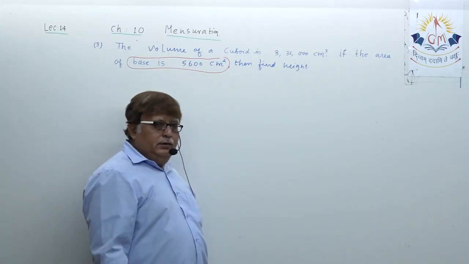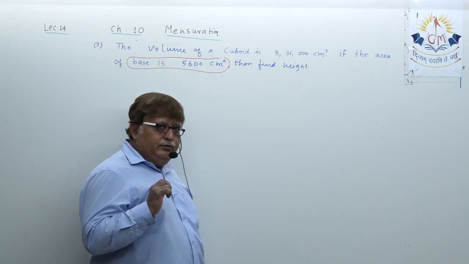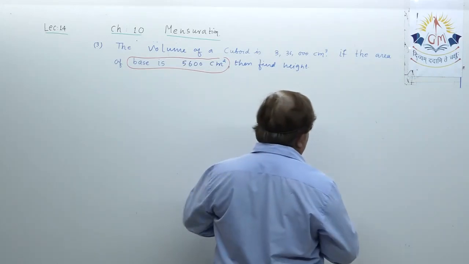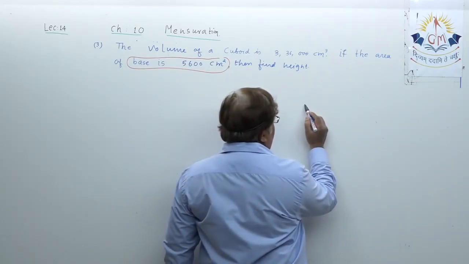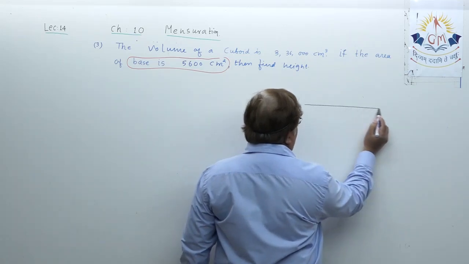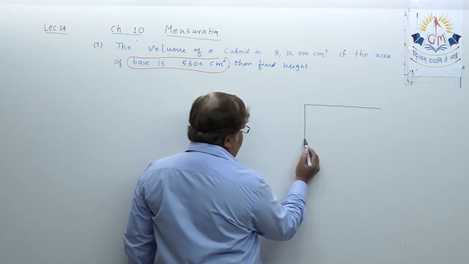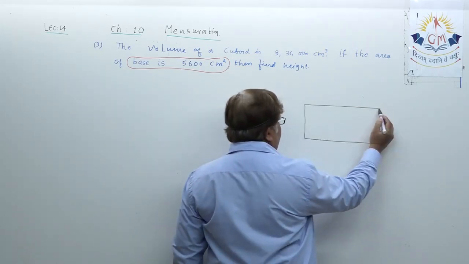Okay? Now, before I explain you this sum, I will just draw a cuboid for you. See, dear student, suppose this is a cuboid. Try to understand the click point which I want to explain you just by drawing the cuboid.